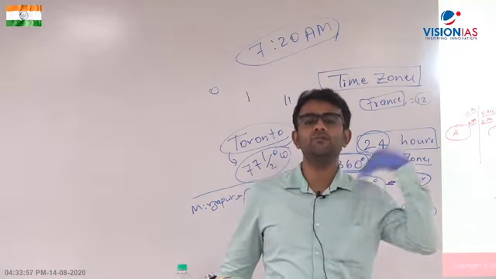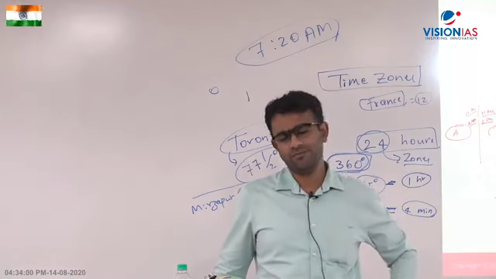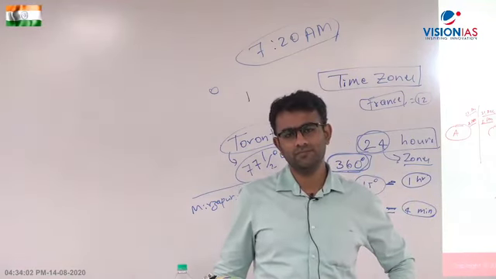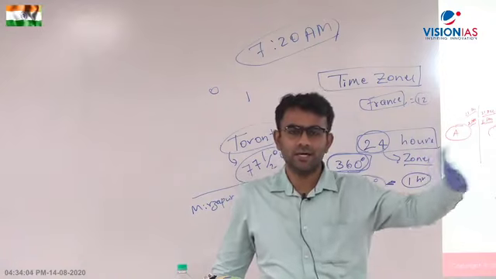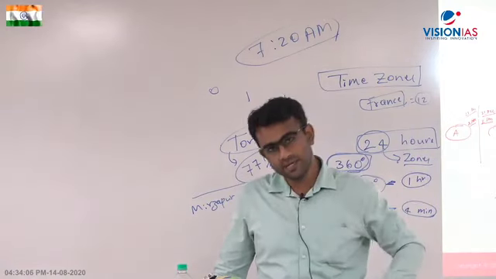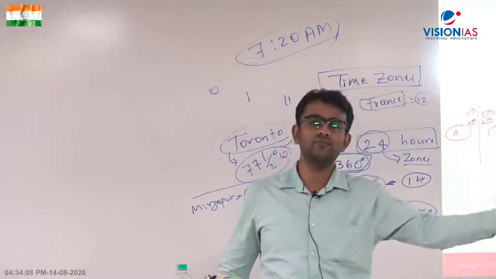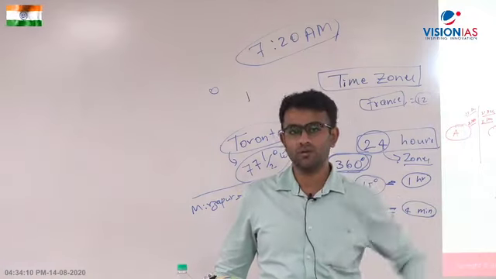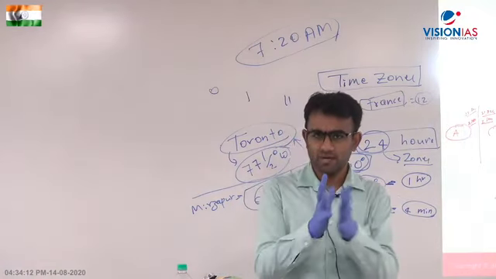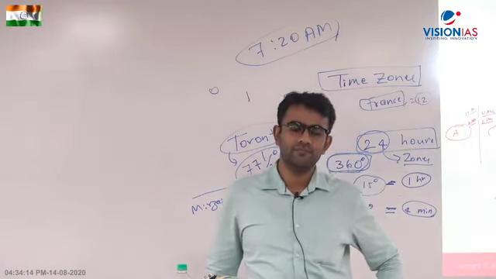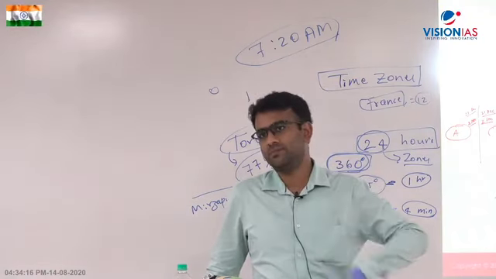Even though they have multiple longitudes there, they follow only a few time zones. They would space their time zones by larger longitudes, changing the time zone after maybe 30 or 40 longitudes, because the area also becomes smaller. That is more practical.